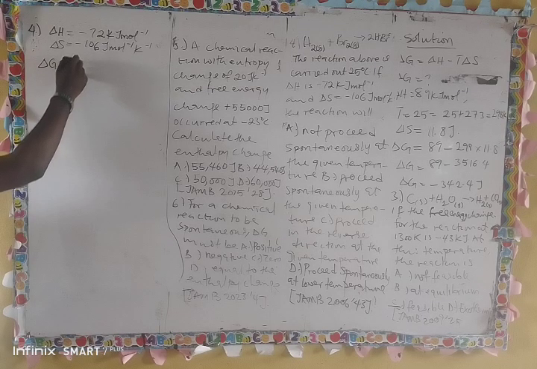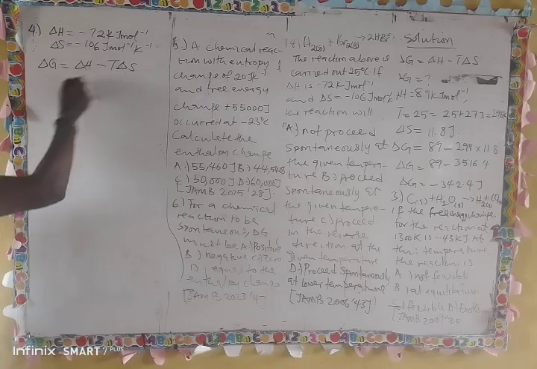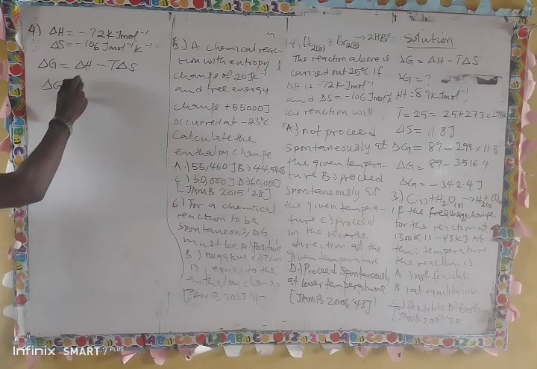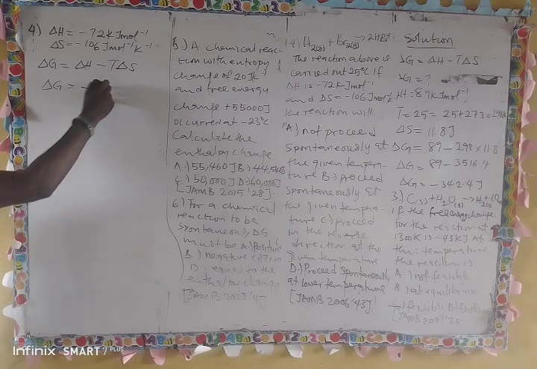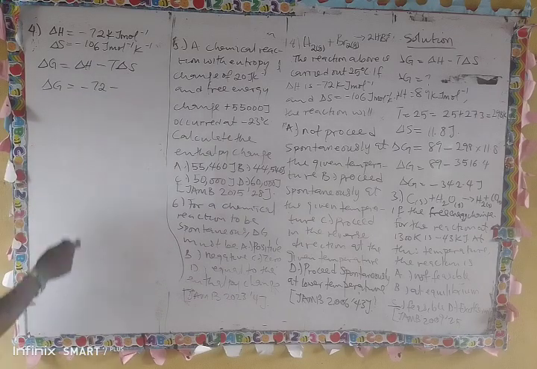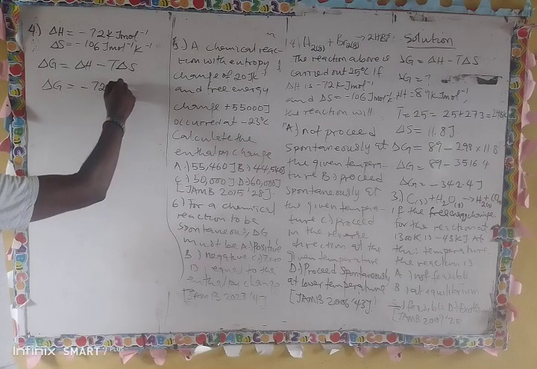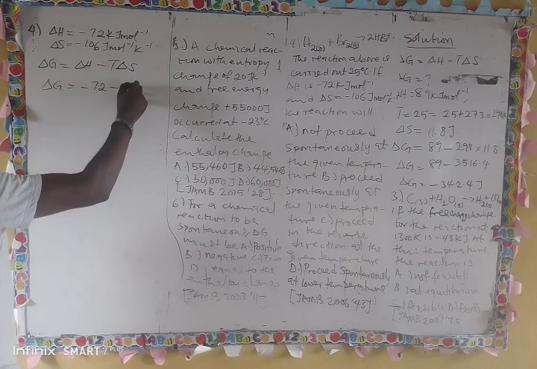Free energy is delta H minus T change in S. Our delta G is enthalpy, minus 72, minus temperature. They say the temperature is 25, so we convert to Kelvin: 25 plus 273, that's the temperature.